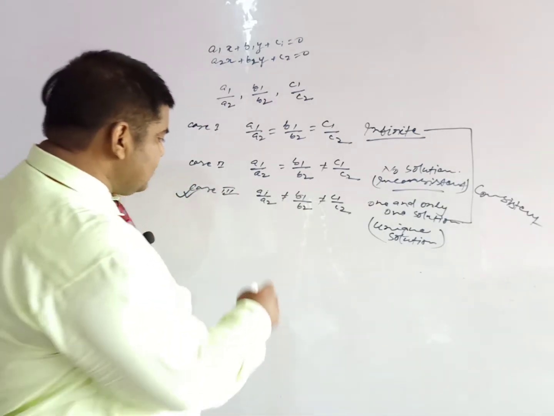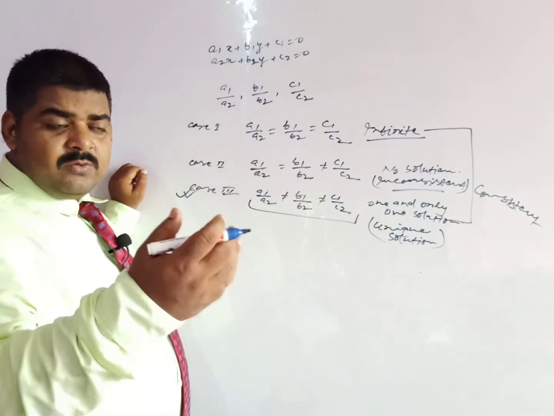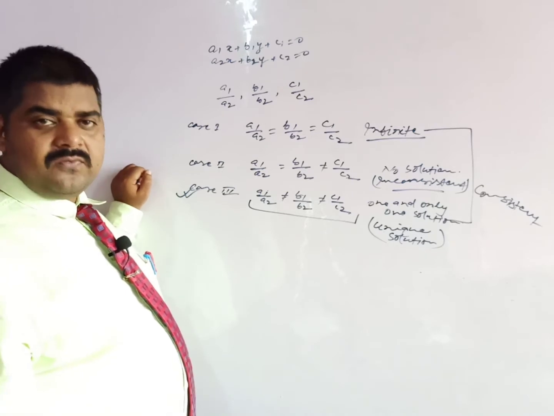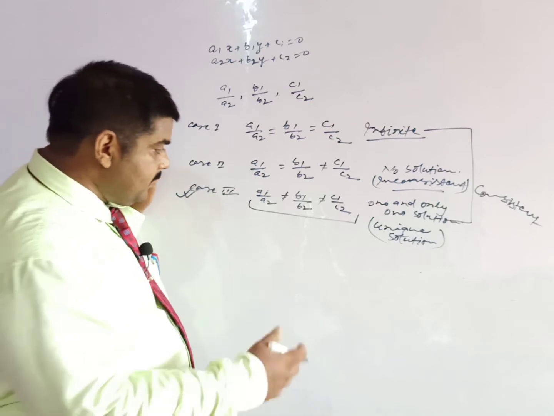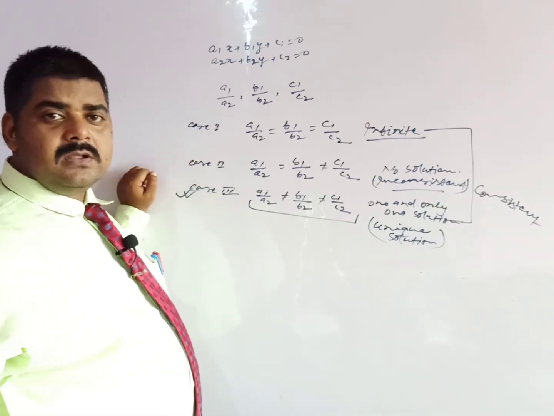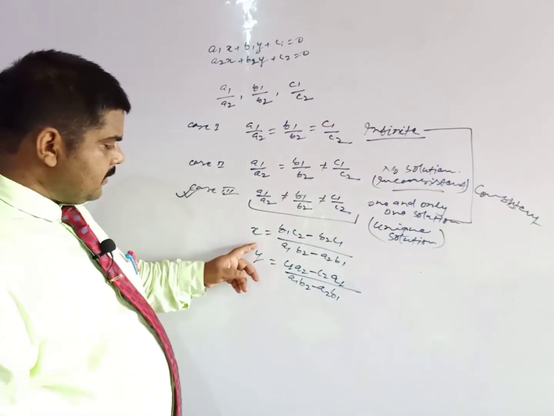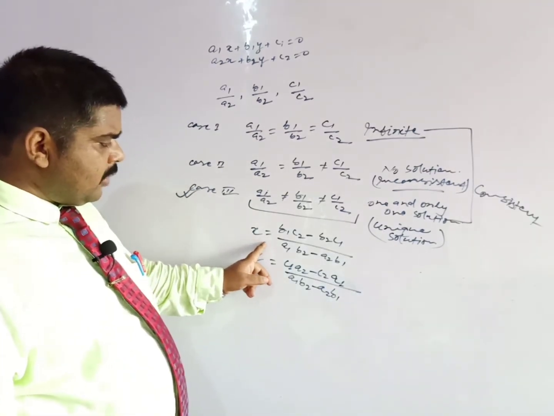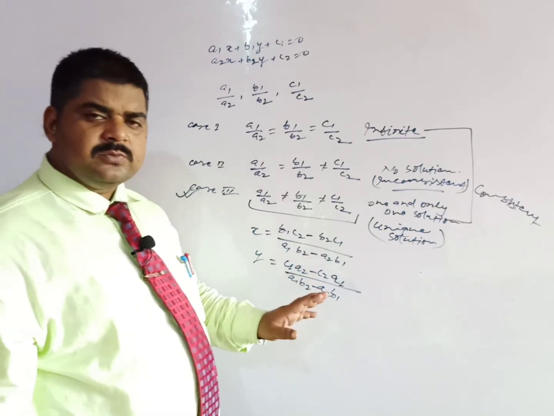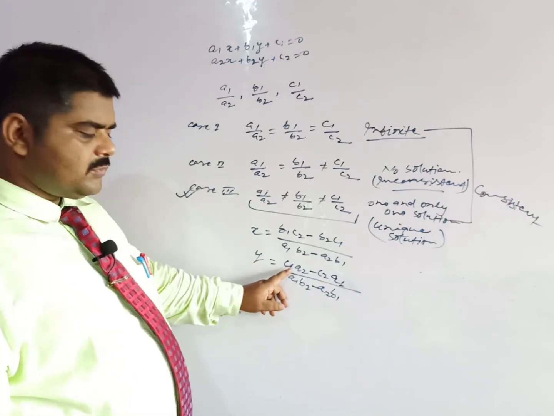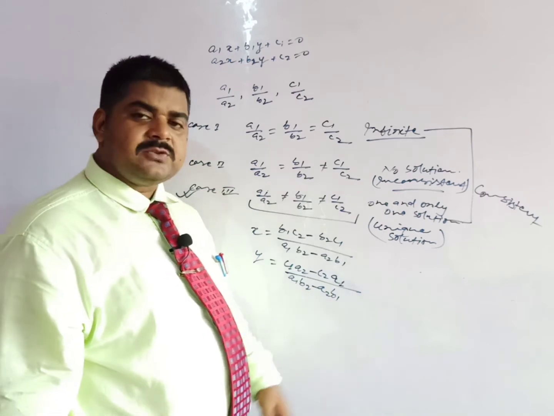So when you get the third condition, you have to attempt any one of the methods, and you can just find it. And by the cross multiplication method, you know very well how to find the value of x and y. The value of x is equal to b1 c2 minus b2 c1 upon a1 b2 minus a2 b1, and the value of y is equal to c1 a2 minus c2 a1 upon a1 b2 minus a2 b1.